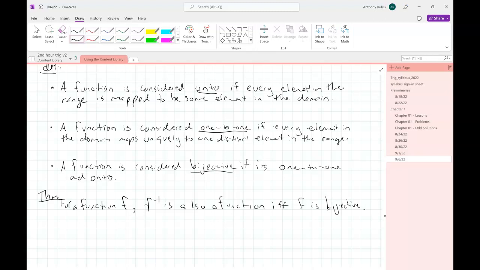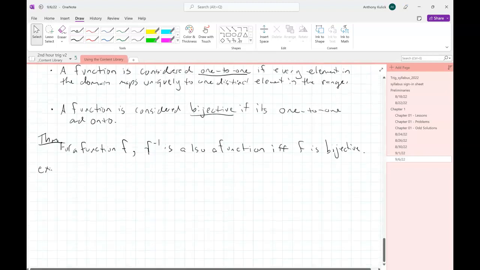So for a function, f inverse is also a function if and only if f is bijective. Let's just see an example of why we need one-to-one and onto in order to guarantee that f inverse will be a function. Everybody's okay with that? So this is going to substitute for a proof of this theorem. We're just going to see why we need both of these things.